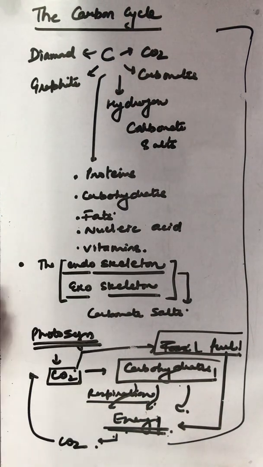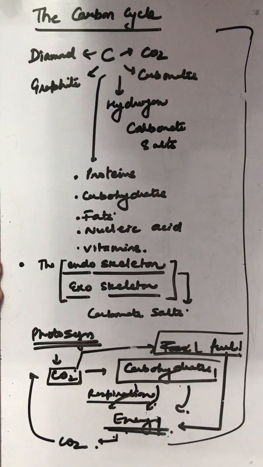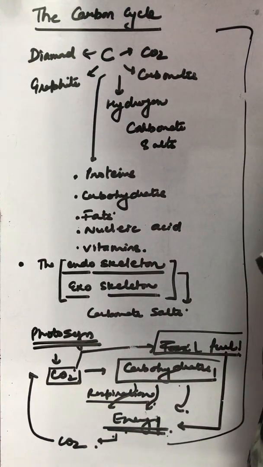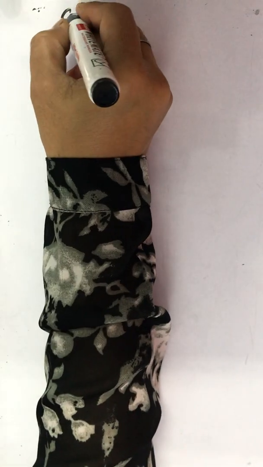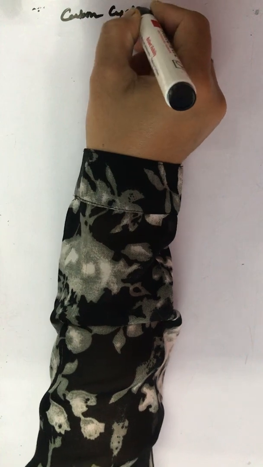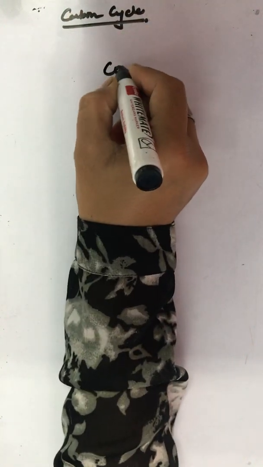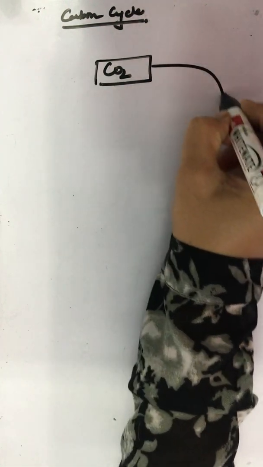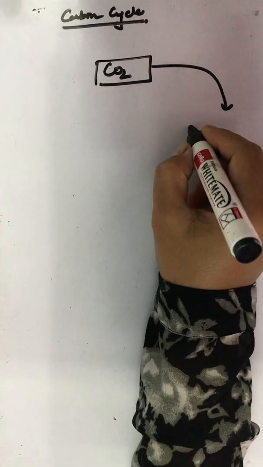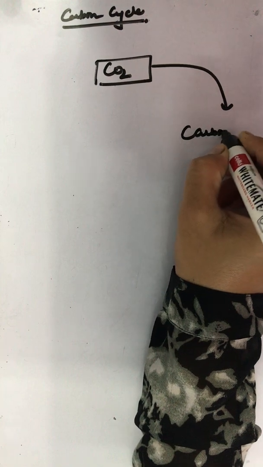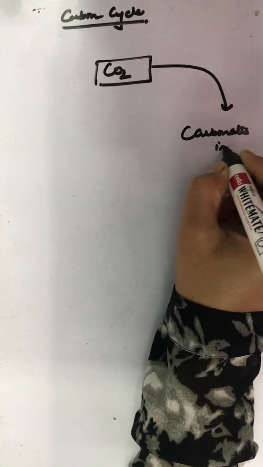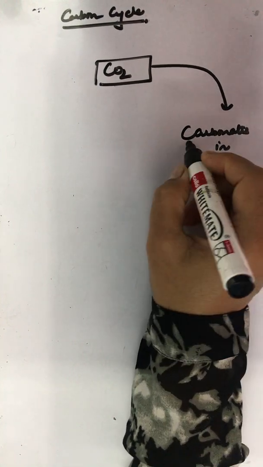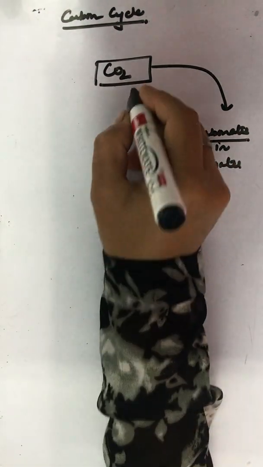Now coming to the cyclic form, how it is fixed and how it is released back to the atmosphere. First of all, the available form is CO2. This CO2, when taken up by the aquatic animals, is converted to carbonates in water, where it is fixed to form carbonates, right?